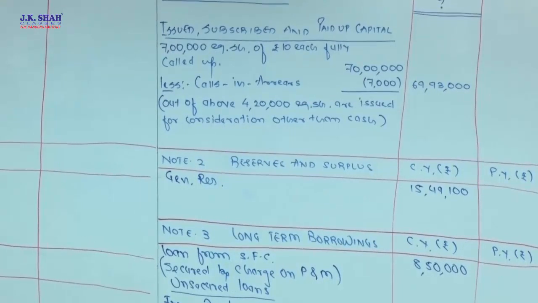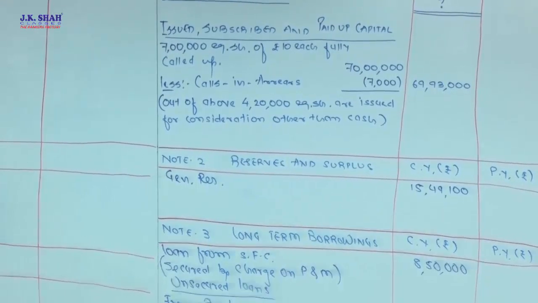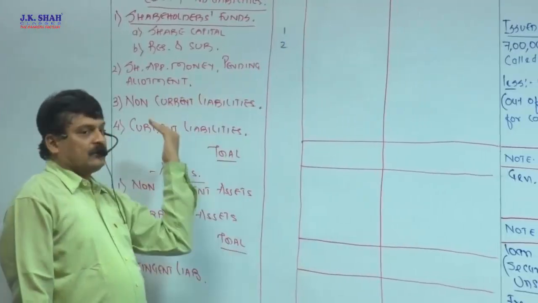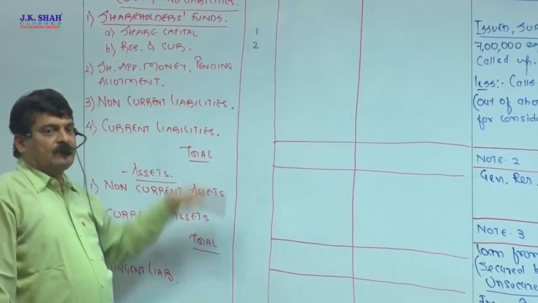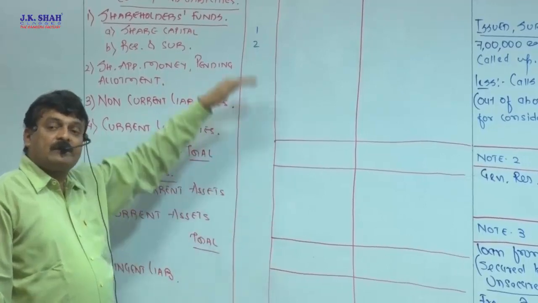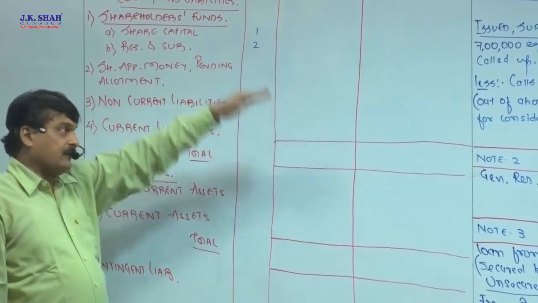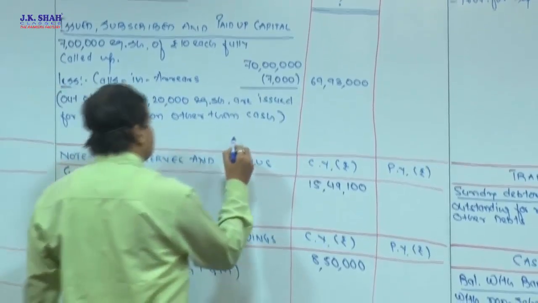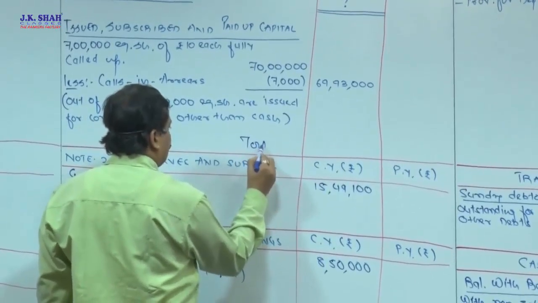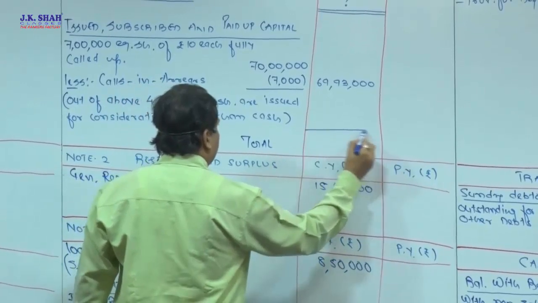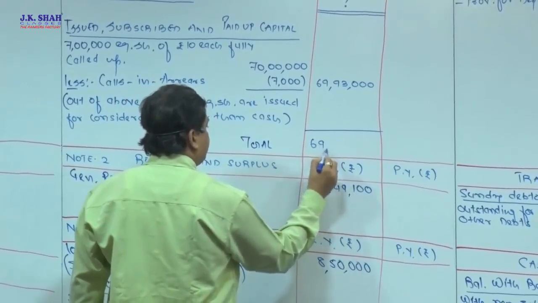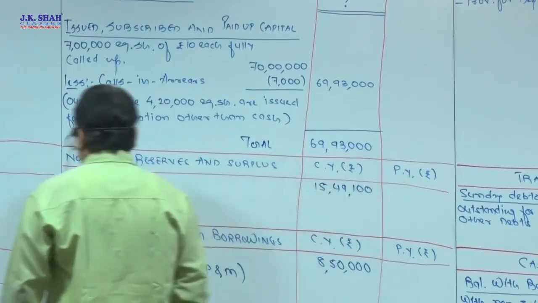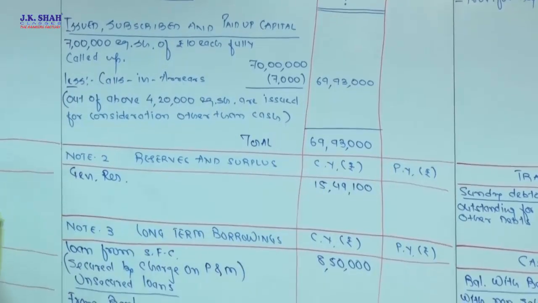Last step now is to make total of all the notes, and whatever total you make of each note should be transferred to the face of balance sheet. What is this called, students? Face of balance sheet. Start. Note 1. Last line, write down the word total. How much is it? 69 lakhs 93,000.